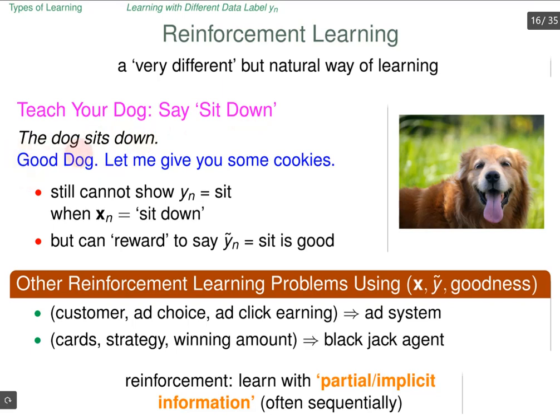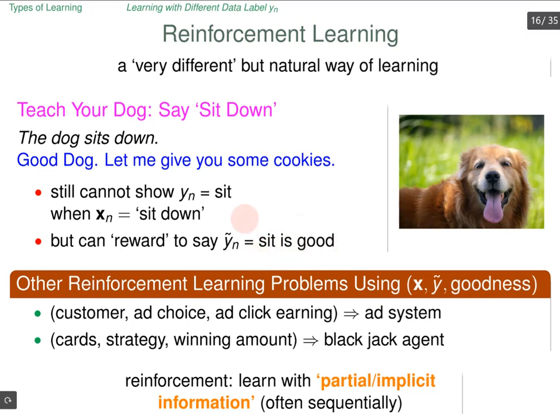Good dog. You will praise it and give it some cookies. So even in this situation, it's still hard to show that y is sit when x is sit down, but you can reward, you can provide some kind of y, meaning that sit is good.